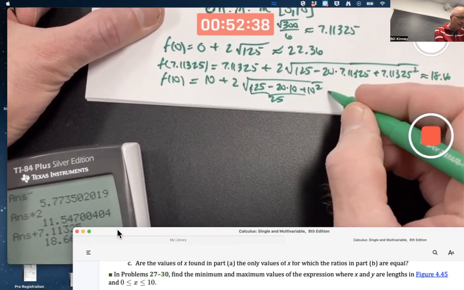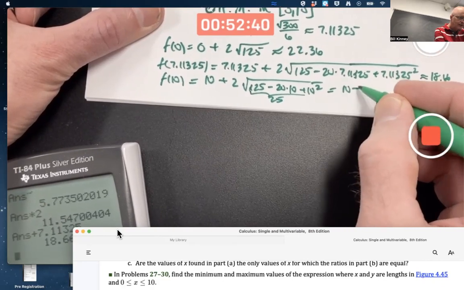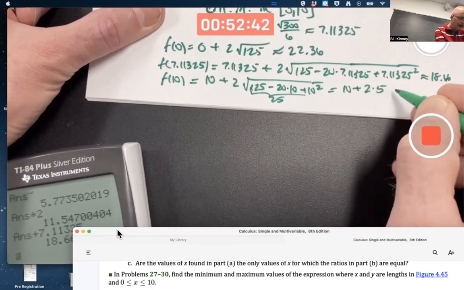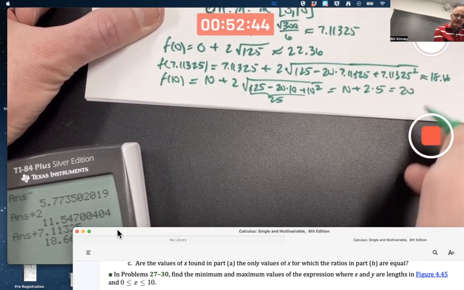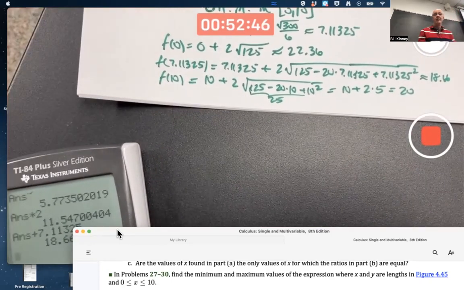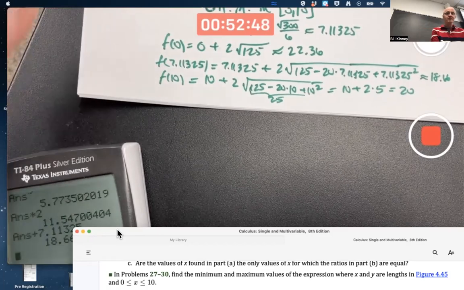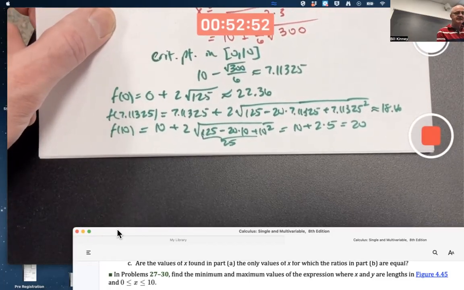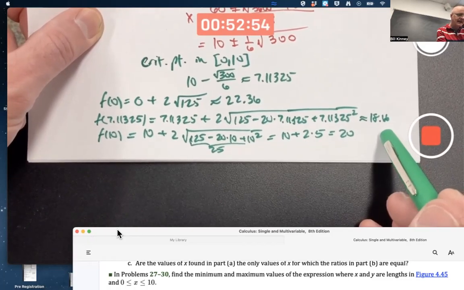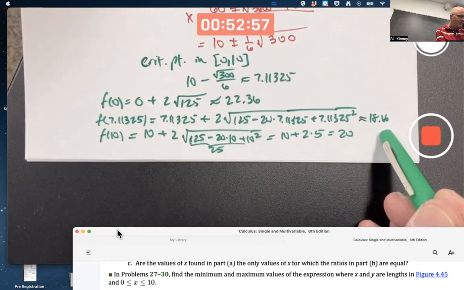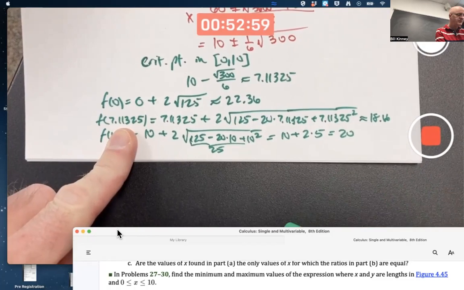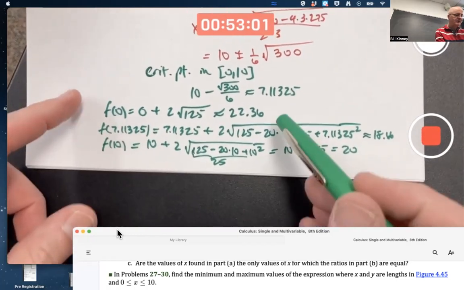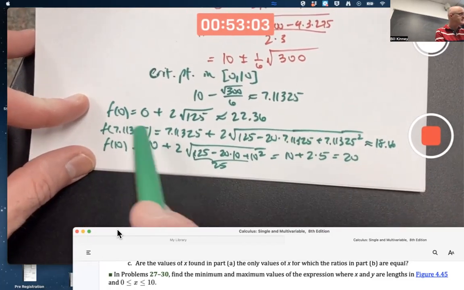This turns out to be a nice number here. Square root of 25 is 5. Looks like we get 20. So the minimum is 18.66 when x is about 7.11325, and the maximum is 22.36 when x is 0.